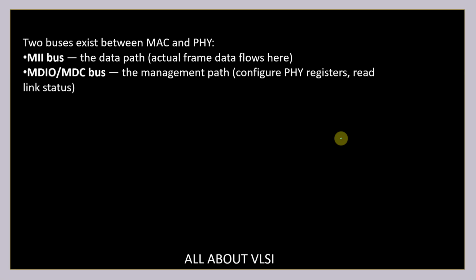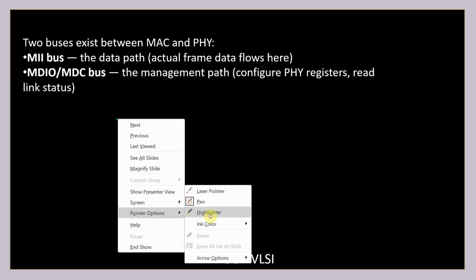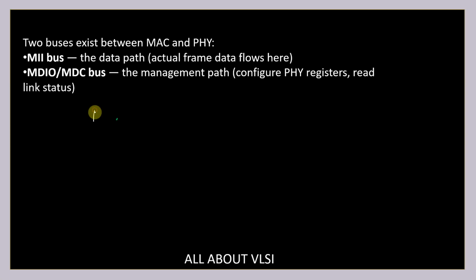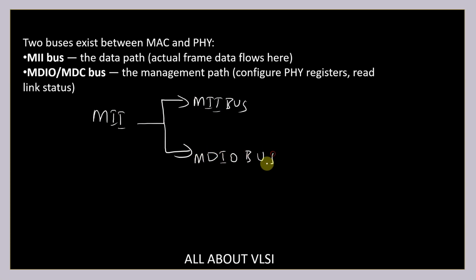Now, in this MII interface, we are going to have two kinds of buses: one is the MII bus, and another is the MDIO bus. The MII bus is used to transfer data between our MAC controller and the physical chip. The MDIO bus is nothing but a management interface.